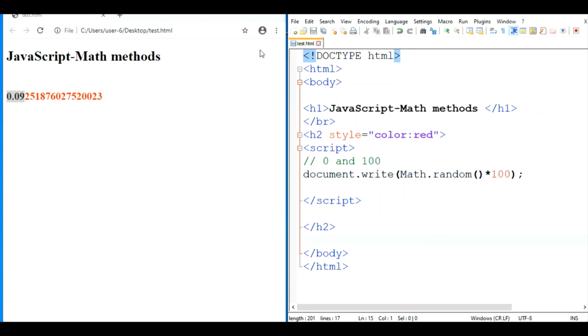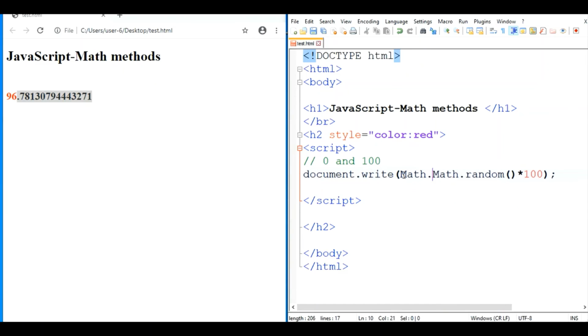Now we get 31 point something, 2 point something, refresh, 50 point something, 96 point something, less than 100. At the same time we want to remove the part after the decimal point. Just now we discussed ceil and floor, so we can use any of those methods.